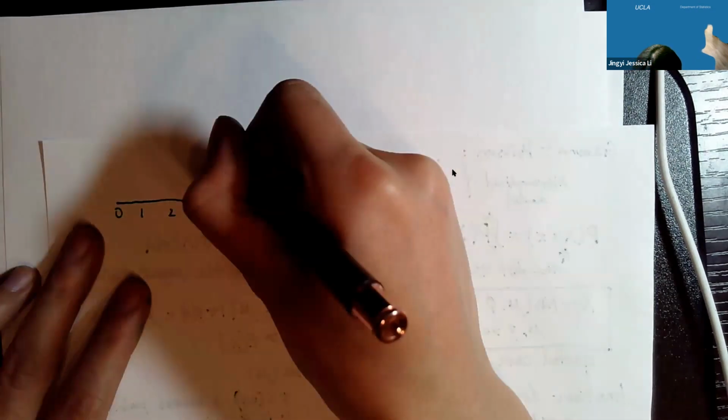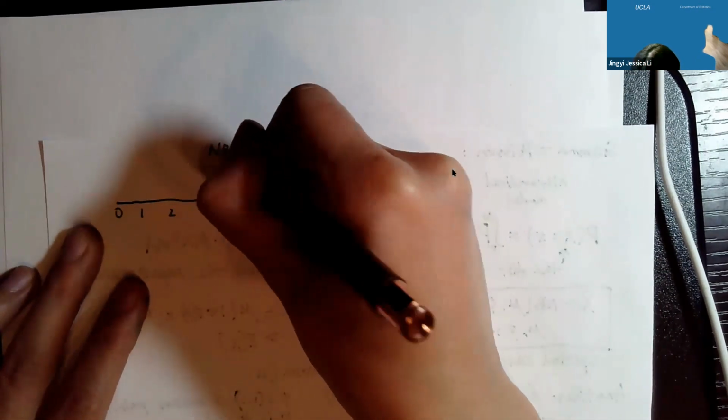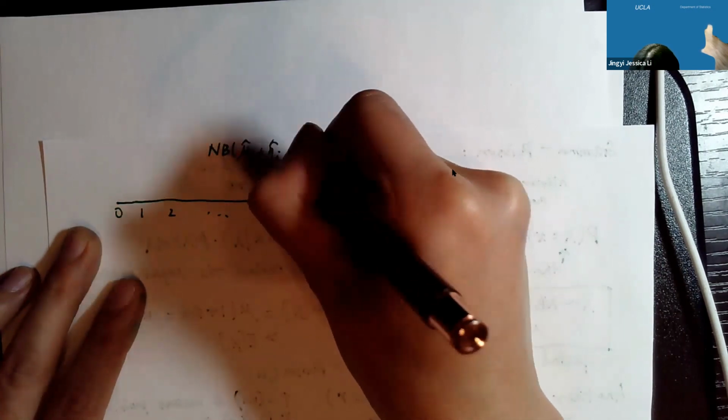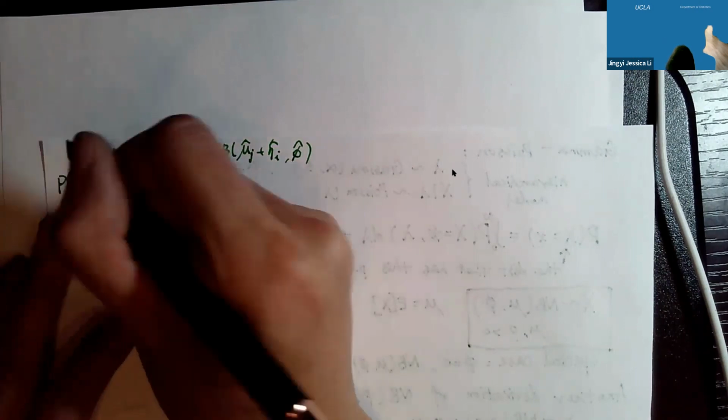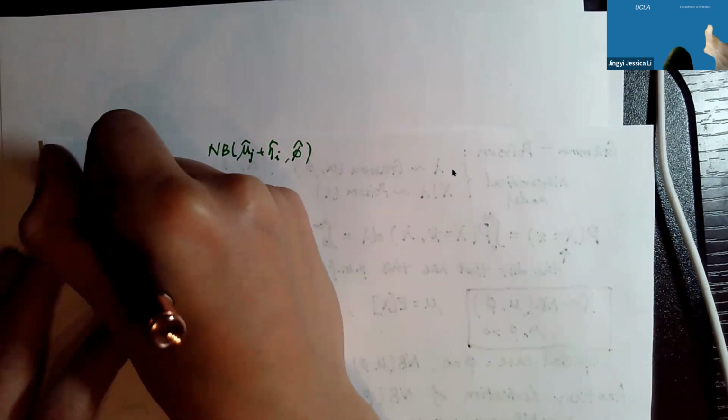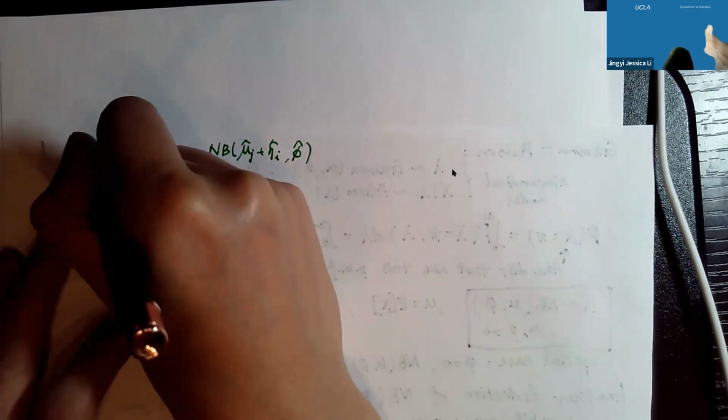So graphically, let me just try to illustrate this. This is very rough because the NB is a discrete distribution. So let's say we have 0, 1, 2, and so on. Let's say that this is the probability mass function we have for NB with mu j hat plus eta I hat and phi hat. Let's say this is the probability for simplicity.